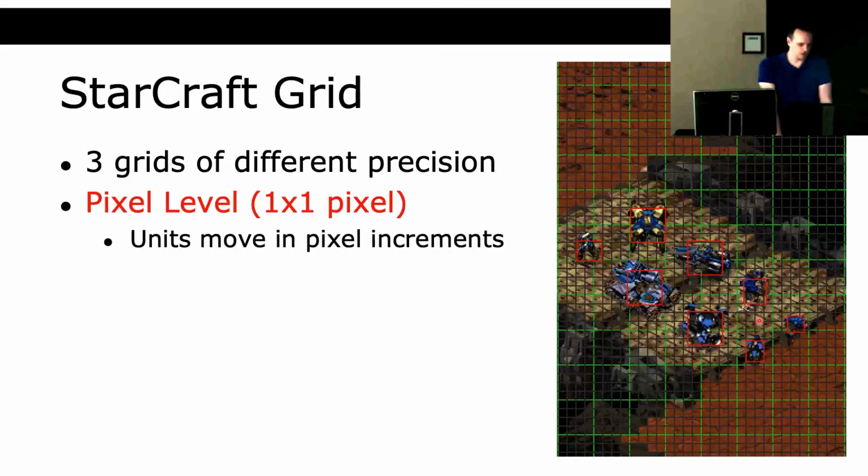The first is at the pixel level. So we all know what a pixel is, right? It's just one little dot that's drawn on the screen. And so units in the game can actually move at a pixel level precision. So I could take my unit and move it over by 1 pixel or 37 pixels or however many pixels that I want. So the units in the game can have an arbitrary precision to their actual position within the game.